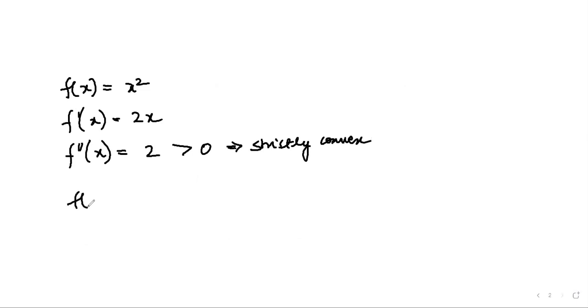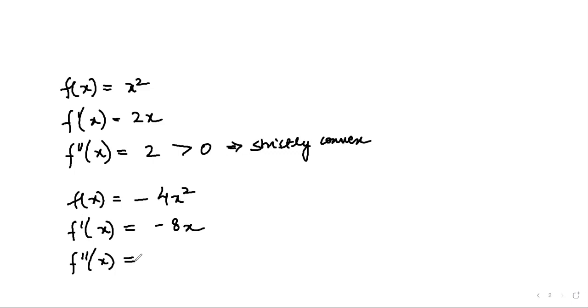F of x is equal to minus 4x square. I'm taking different examples right here. So f dash x will be minus 8x and f double dash x would be minus 8. Minus 8 is less than 0, so this function is strictly concave.